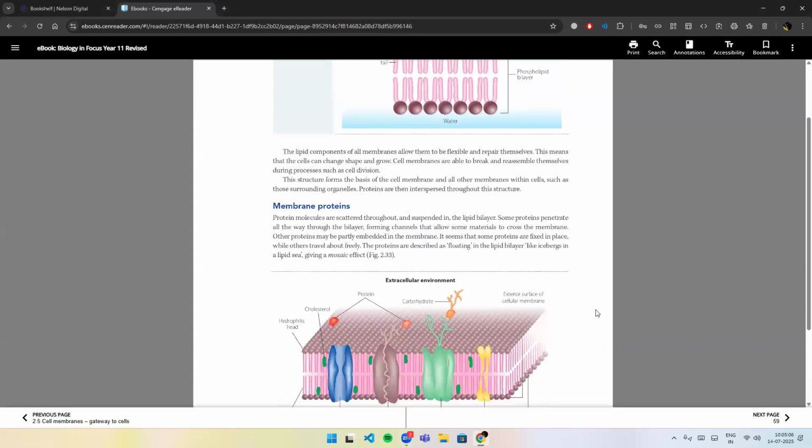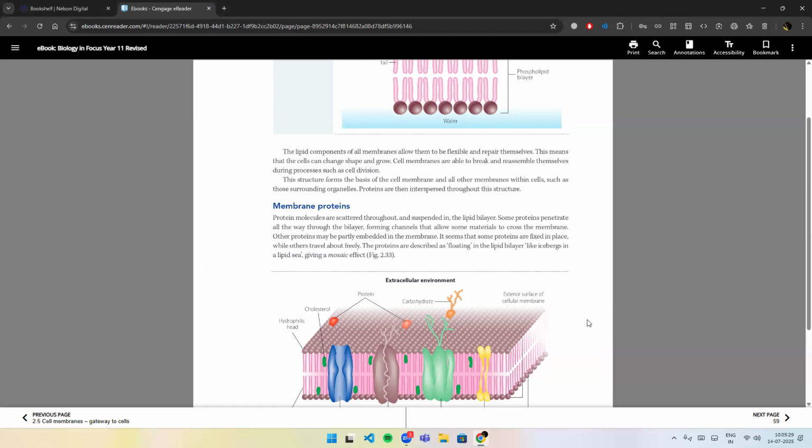The lipid components of all membranes allow them to be flexible and repair themselves. This means that the cells can change shape and grow. Cell membranes are able to break and reassemble themselves during processes such as cell division. This structure forms the basis of the cell membrane and all other membranes within cells, such as those surrounding organelles.